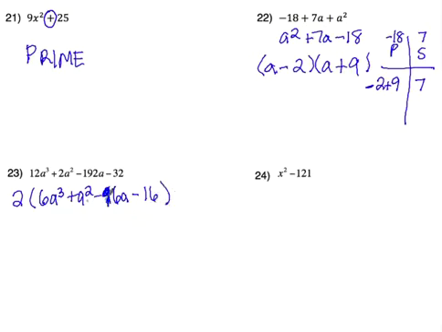Now that I see that, I've got 4 terms, so I'm going to be grouping. So we're going to group the first 2, group the last 2, and then we're going to do our GCF. They both have an a squared in common, so I'm going to pull out an a squared, and I am left with 6a, and a squared divided by a squared is 1, so 6a plus 1.